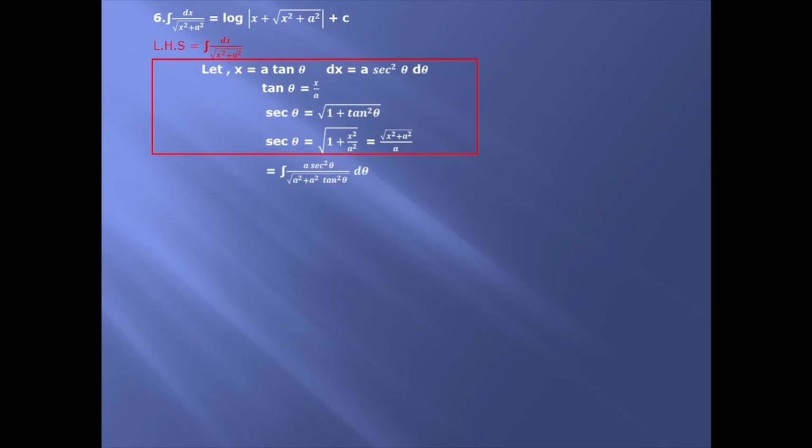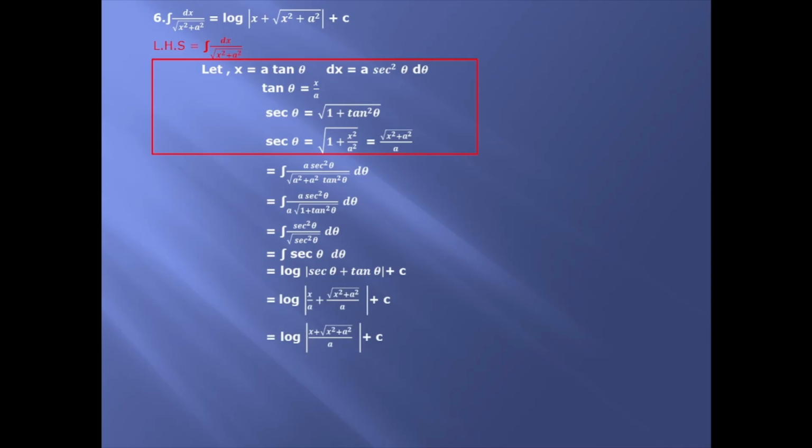Then we have our integral part, a secant square theta by root of a square plus a square tan square theta d theta. Then a can be taken out common, we'll get 1 plus tan square theta. Then secant square theta by root of secant square theta, we'll get secant theta d theta, which is equal to log of secant theta plus tan theta plus c, which is x by a plus root of x square plus a square by a plus c.